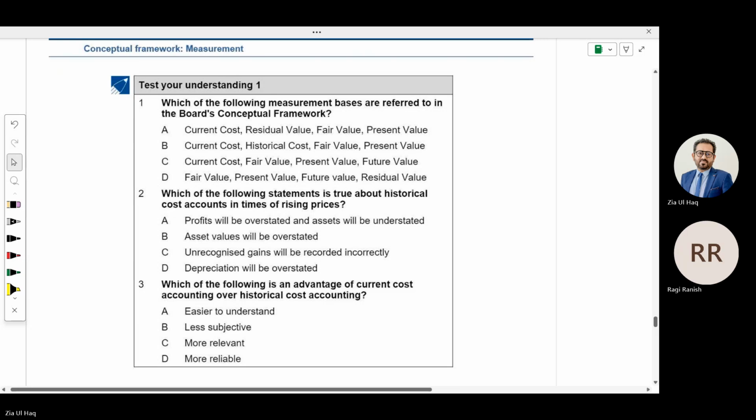MCQ 1. Which of the following measurement bases are referred to in the Board's conceptual framework? A, current cost, residual value, fair value, present value.